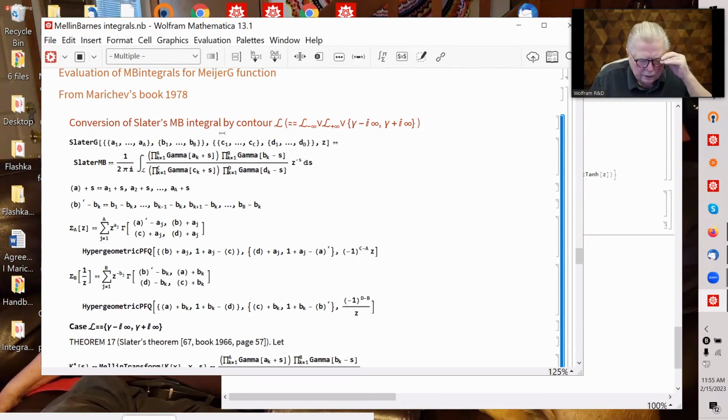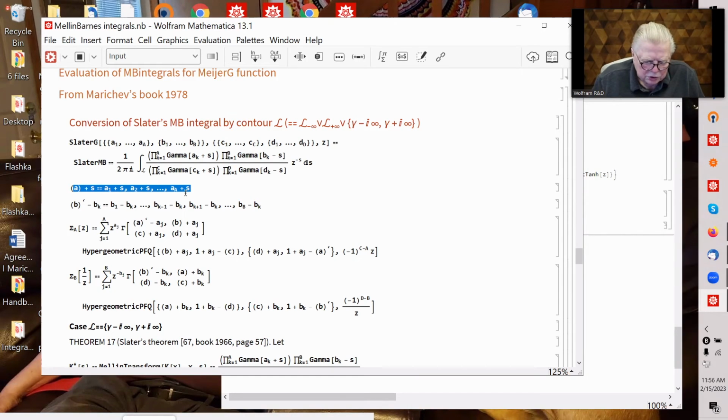Here I made some extraction of the most important moments on how to evaluate Mellin-Barnes integrals. I also used nice notation from Slater. Let's follow Slater.